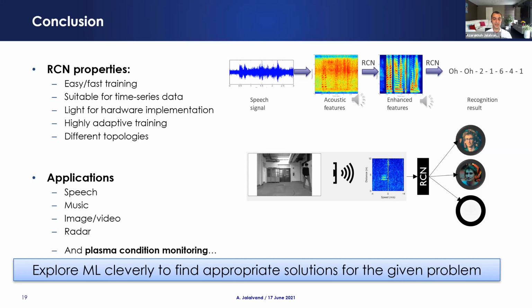And I didn't go into detail, but if you remember those input and recurrent weights, we have shown that these weights could be very, very sparse. Only, let's say, 1% connection would be enough to achieve promising performance. And that makes the whole model very light, very sparse, so that it can easily be implemented on hardware devices.